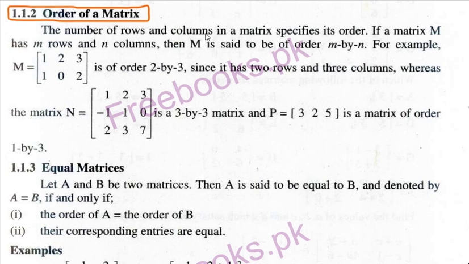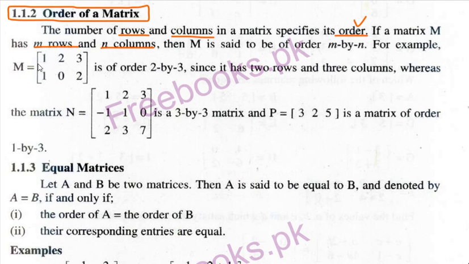The number of rows and columns in a matrix specifies its order. If a matrix M has m rows and n columns, then M is said to be of order m by n.